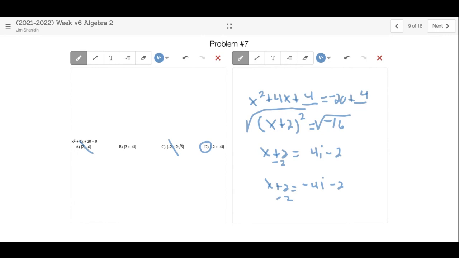Okay. Does that make sense? Kind of. It was a good problem. Those are the types of problems where we're using some of the stuff that we learned last week. Whenever you have a negative square root, you have to make it an i.